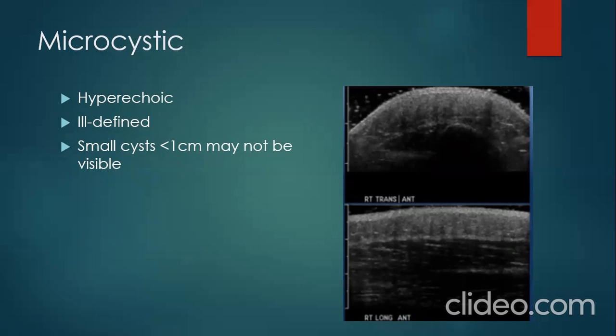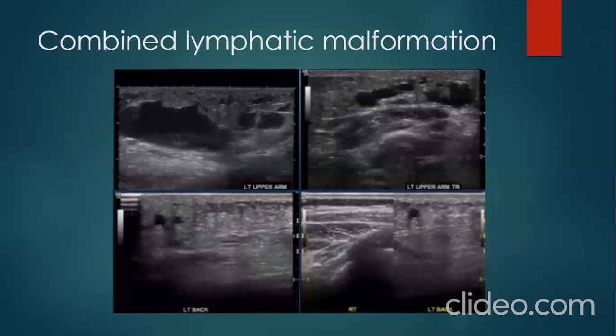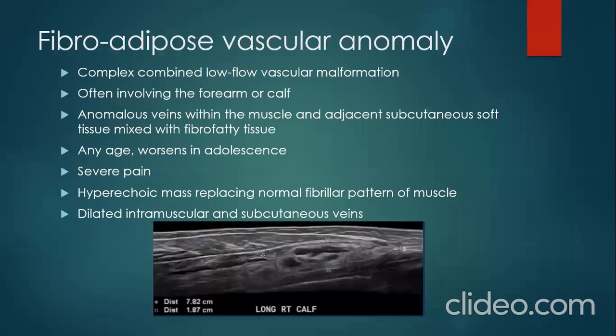So they are usually hyperechoic as seen in this image, and they're ill-defined. So we say our cysts are small, less than 1 centimeter, that they might not be visible. And we also said we can get combined, we have our macrocystic and the microcystic in the same lesion, as demonstrated on these images.